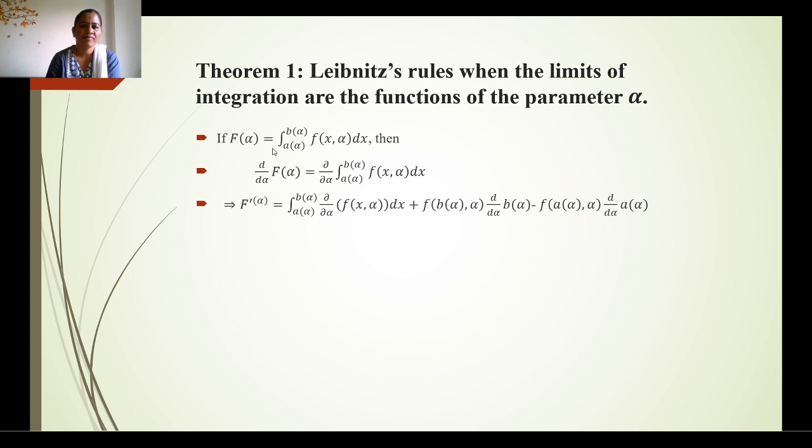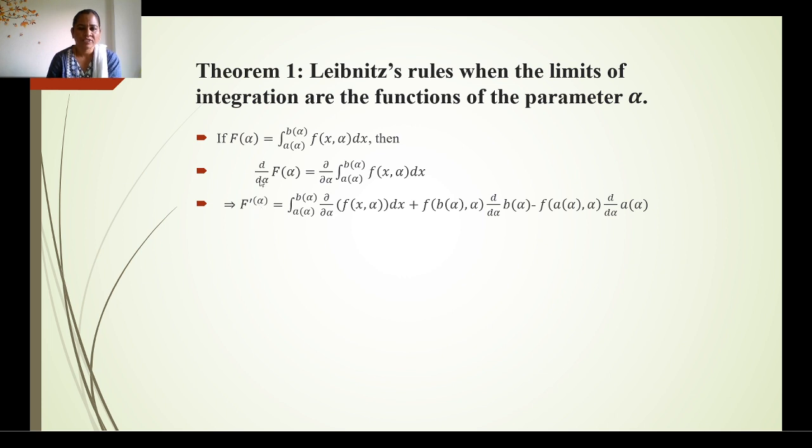If f of alpha is equal to the integral with limits a of alpha to b of alpha, lower limit to upper limit, of f of x comma alpha dx, then d by d alpha of f of alpha involves partial differentiation with respect to alpha of the function f of x comma alpha into dx.